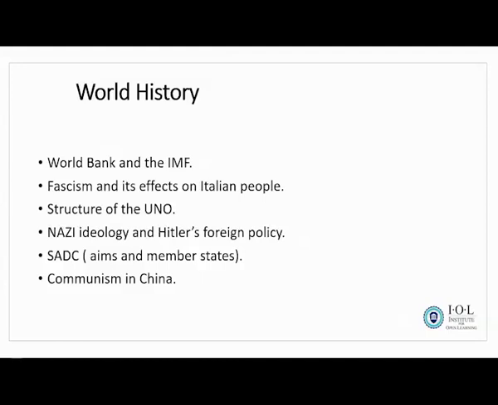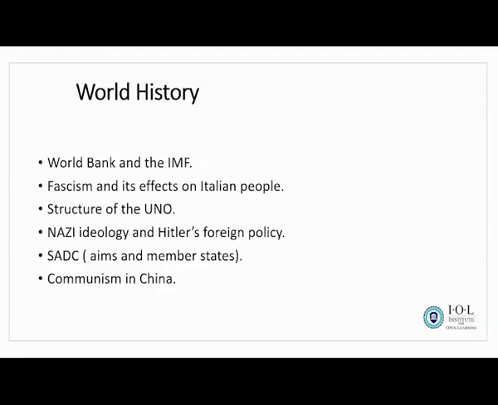So we have the United Nations organization. You should know the structure. Knowing the structure, these are the bodies that make up the whole United Nations organization. Knowing the bodies does not only mean you should mention them, but you should as well know the functions of these bodies.